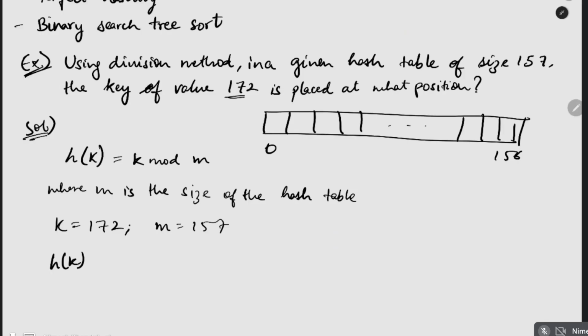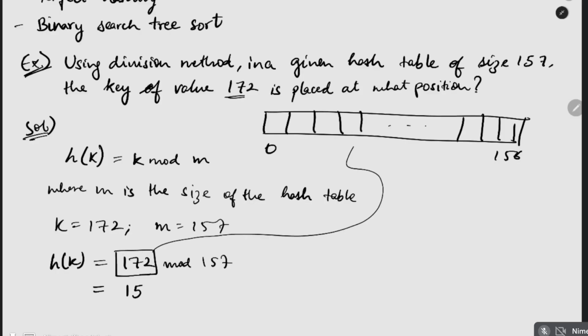So the key for 172 will be 172 mod 157, right? And that turns out to be 15. So the value 172 will be at the 15th index.